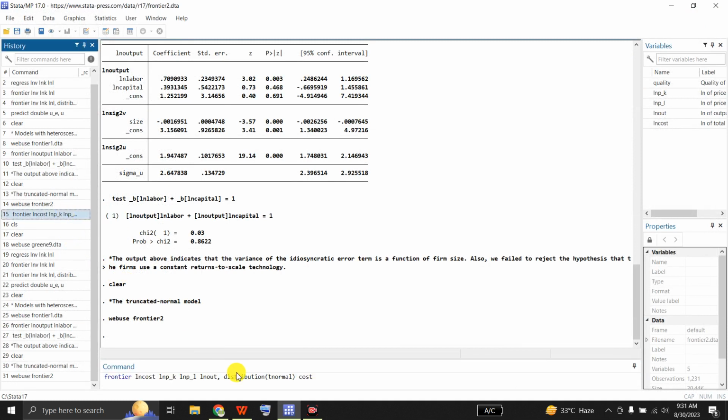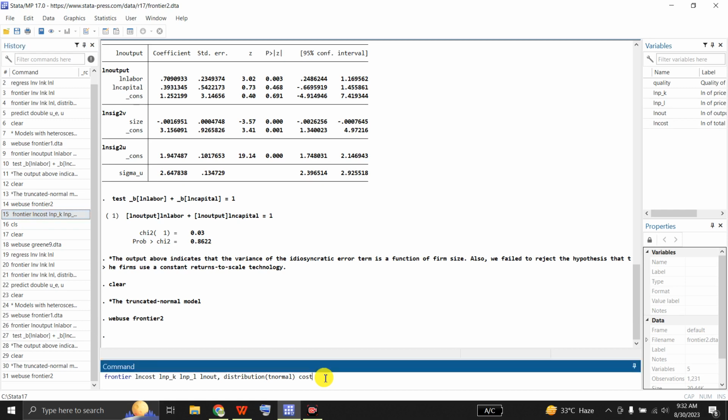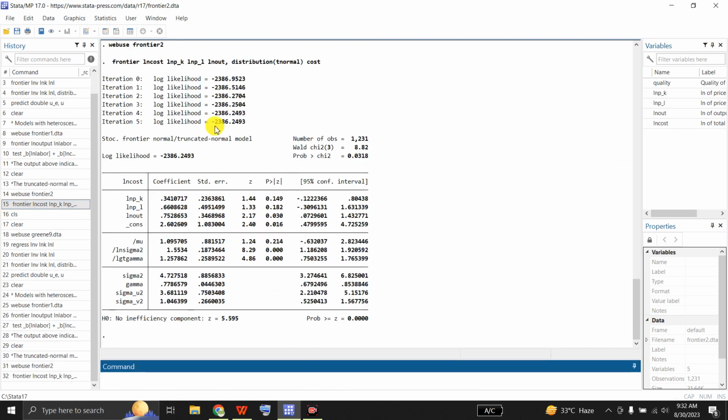So here is the truncated model. My stochastic frontier cost model is being regressed, but I'm using the truncated normal cost model. So this is the output of this model. There are iterations. This is the truncated normal model. Total number of observations is 1231. This is the Wald chi-square. This is its p-value. This is the log likelihood.